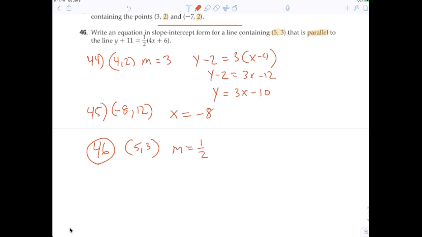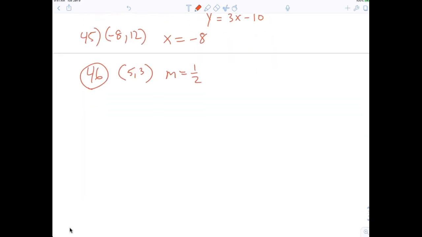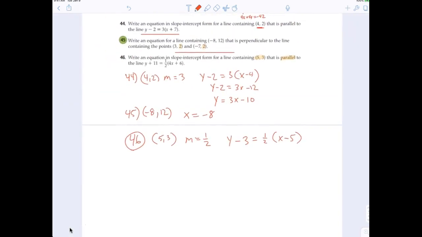All right. So the slope is 1/2. So now write the equation. I'm waiting, Ava. Beautiful. Now I want to see what the equation says.